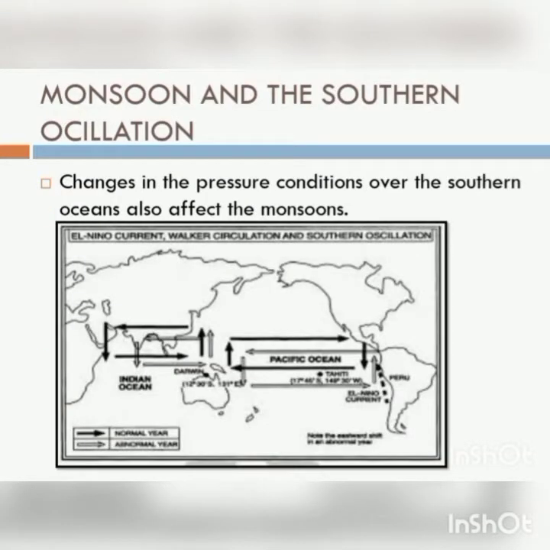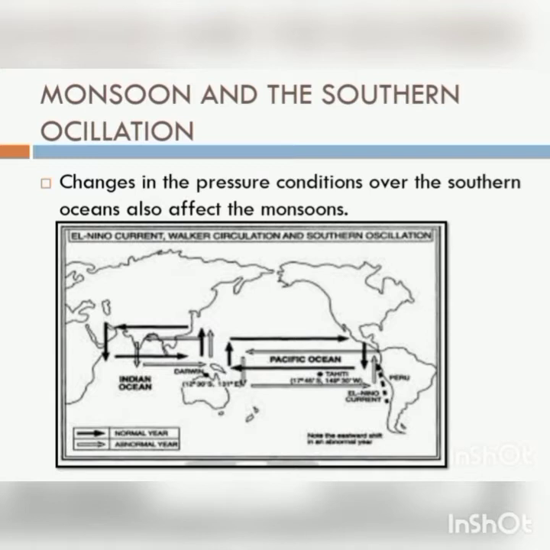See the photograph carefully. It depicts monsoon and the southern oscillation. Changes in the pressure condition over the southern oceans also affect the monsoon. When the tropical eastern South Pacific Ocean experiences high pressure, the tropical eastern Indian Ocean experiences low pressure.